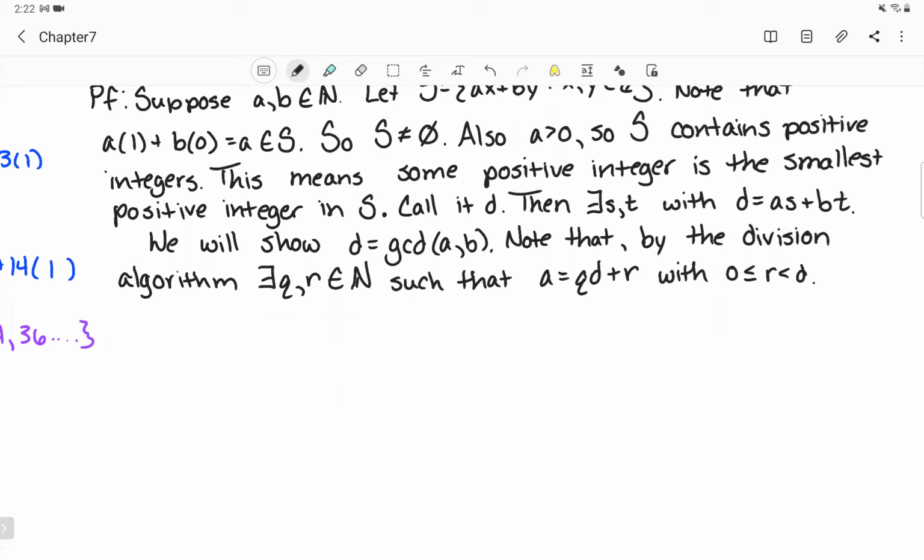So this means R equals A minus QD. But we know what D is, so let's plug in what D is. So we get A minus Q times (AS plus BT).